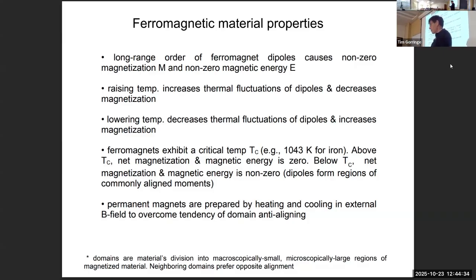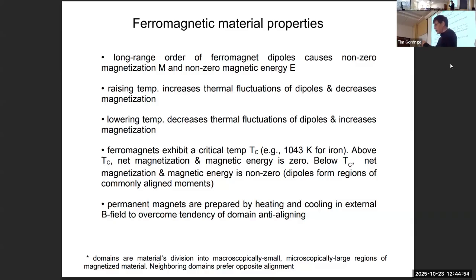Macroscopically small means they're much smaller than the size of your everyday magnet. Microscopically large means that they're large collections of atomic and molecular electron dipole moments. So they're made of many atoms or molecules. So those are the domains.